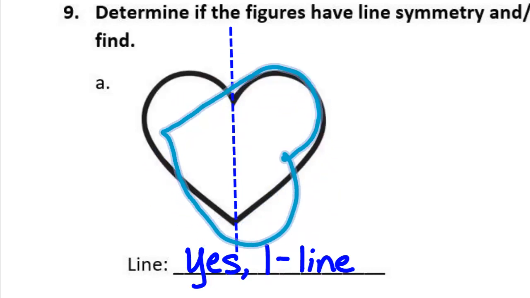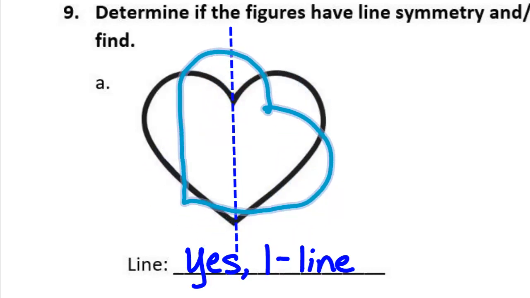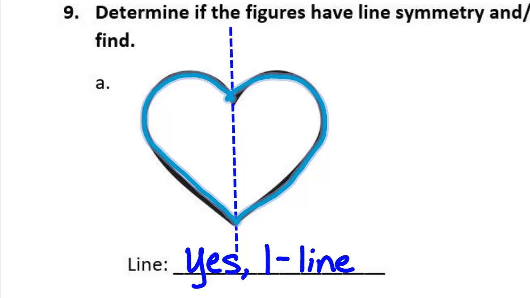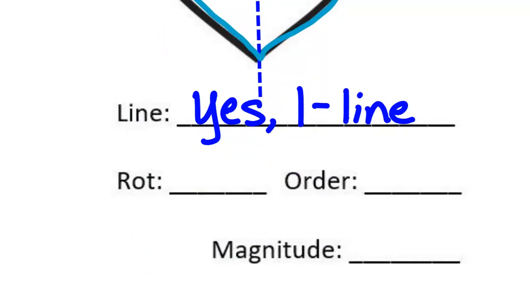No. If I go all the way around, then it does. But it doesn't have any stops before we do a full circle all the way around. So I would say no to my rotational symmetry. And because it has no rotational symmetry, we do not have to answer order or magnitude.